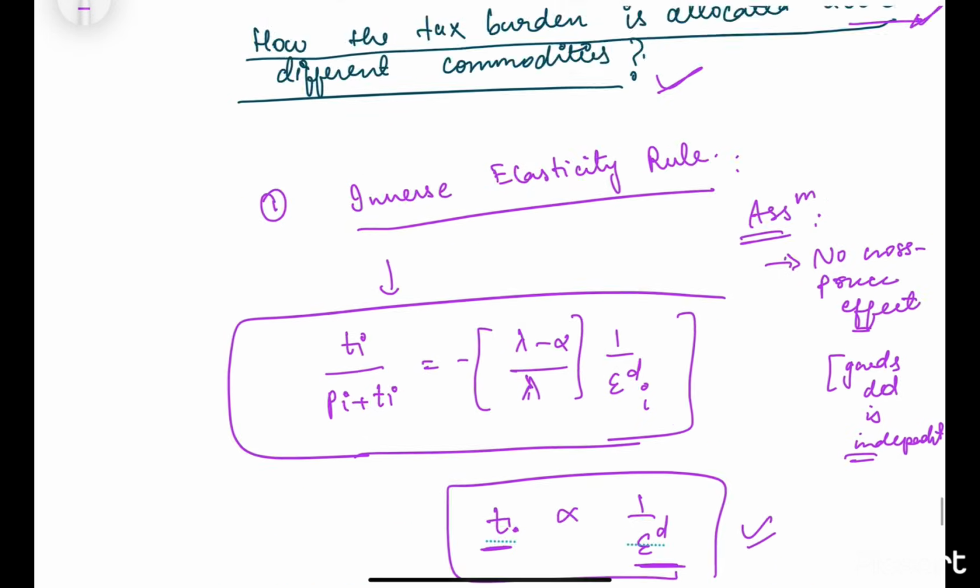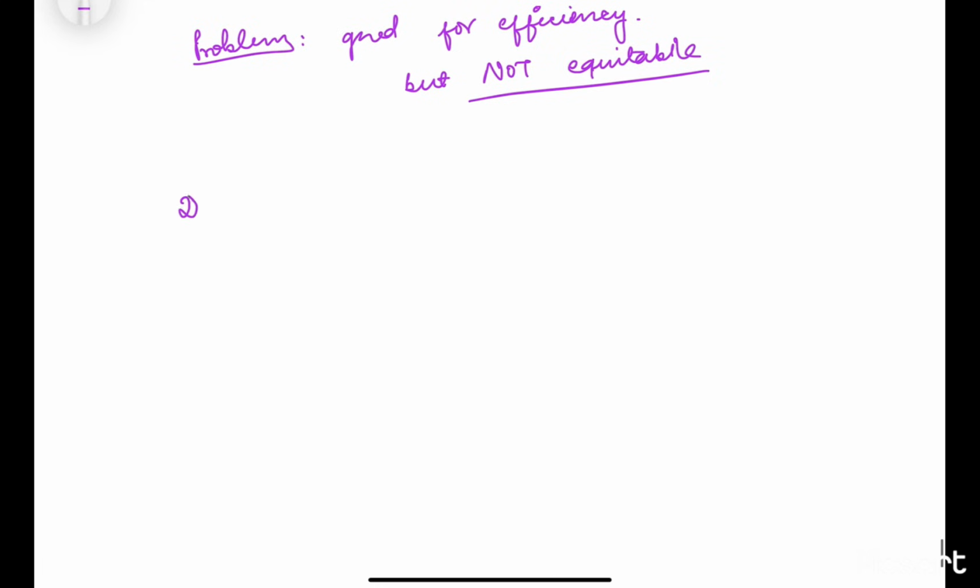So now the next rule that we have, second, is the Ramsey rule. Again, the derivation of this Ramsey rule is not in your text, not in your syllabus. So you just need to keep the formula or the implications of it.